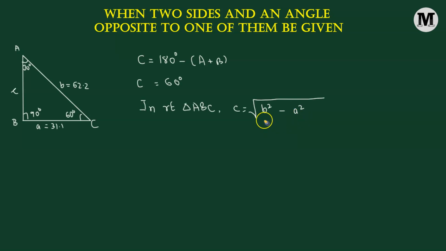So we find the square root of b squared minus a squared. We can substitute b with its corresponding value, 62.2 whole squared, and from it subtract the square of a, that is 31.1 squared. And this is going to give us 53.866 approximately. So this is going to be the measure of the third side c.